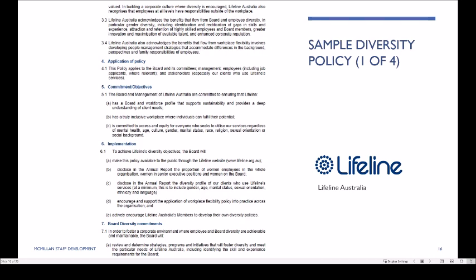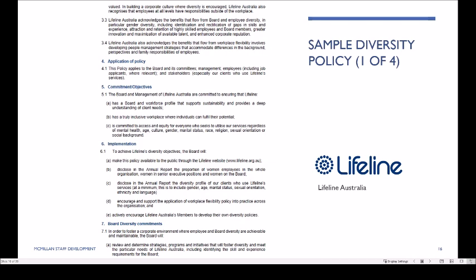And we are committed at all levels of the organization to that. So, you might have something like that. And then that flows into your commitments and objectives. And again, depending on your organization, depends on what kind of overarching objectives you're making about diversity.